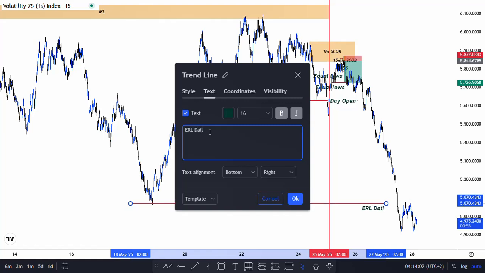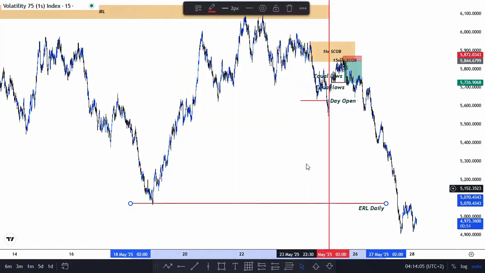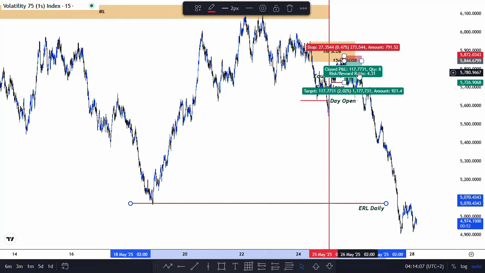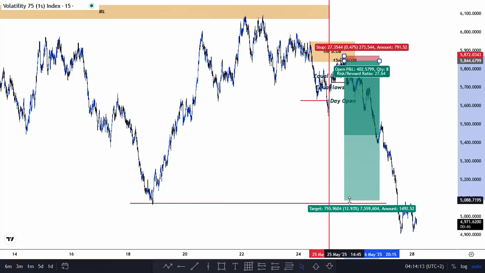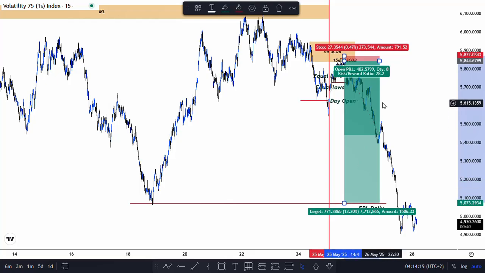This was the daily, and this was supposed to be our ultimate target. Right there.